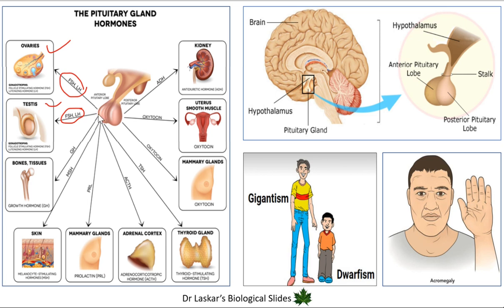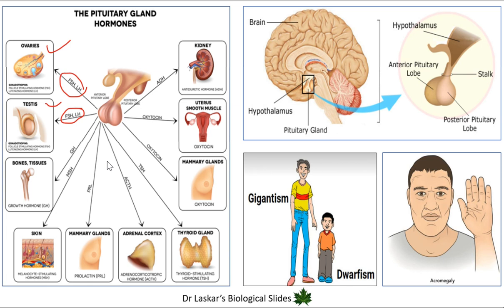In males, LH stimulates the synthesis and secretion of hormones called androgens from the testes, and in males, FSH and androgens regulate spermatogenesis, or the sperm generation pathway.